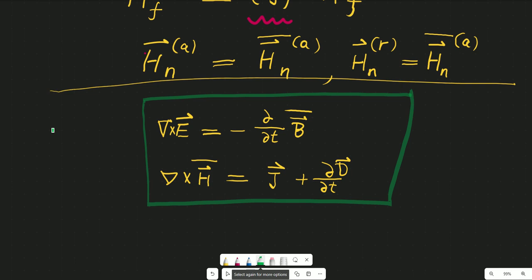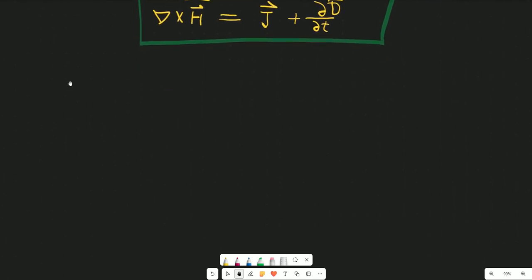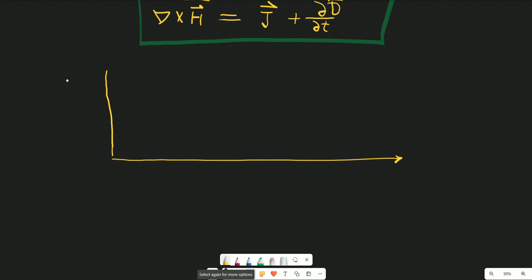What I should also tell is that the electromagnetic wave calculations have something wrong with all the normal concepts. This is electric field.